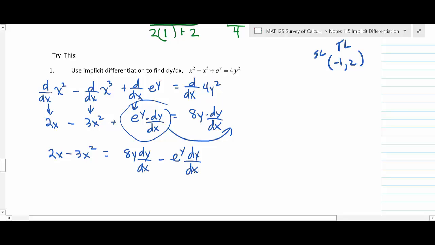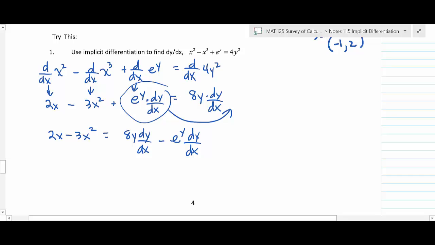Okay, just move it. Okay, then what you can do is you can factor. So this is going to come down. You can take the dy over dx out, but you don't have to. And then this would be dy over dx times 8y minus e to the y. All right, then you would divide by that and you'd be done.